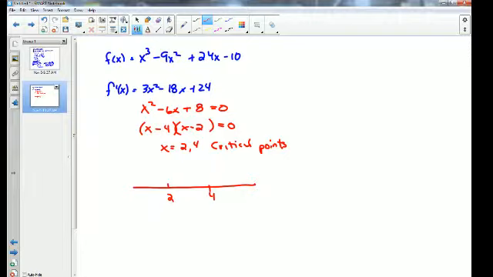I would pick f prime at 0. If you can, pick 0. Then pick 3 because it's the only whole number, and then 5 works. It's easiest to use this one.